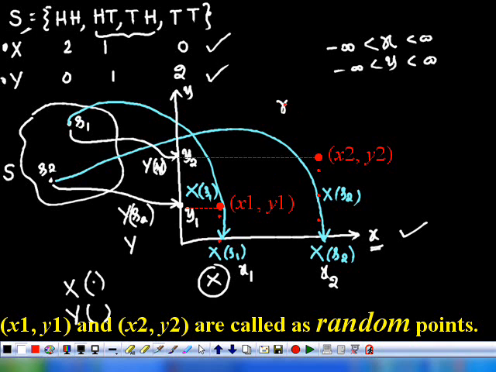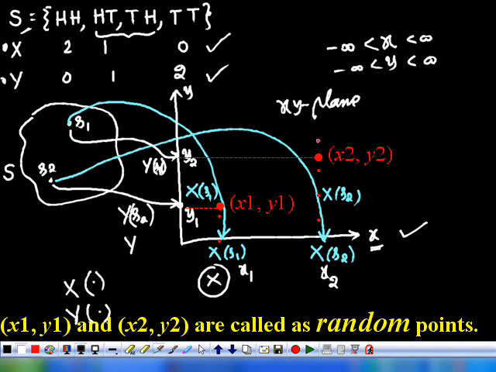I can say that this is the xy plane, and we are mapping the sample points onto the xy plane. In the previous case, with one random variable, we mapped the sample points onto the real axis, only one axis. But here we are mapping the sample points onto the xy plane. Understood?